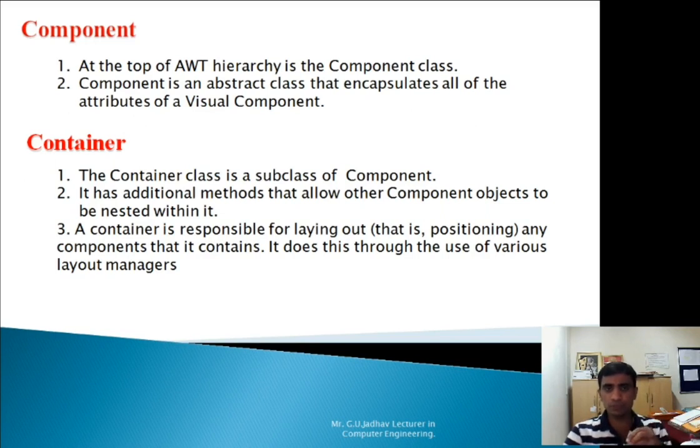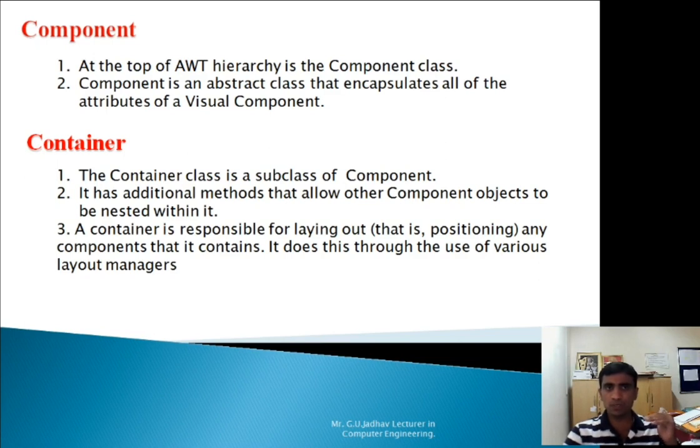Visual components means what? Button, text field, scroll bar, etc. So all the properties are encapsulated within the Component class. Just keep in mind the Component class is at the top of the AWT hierarchy.